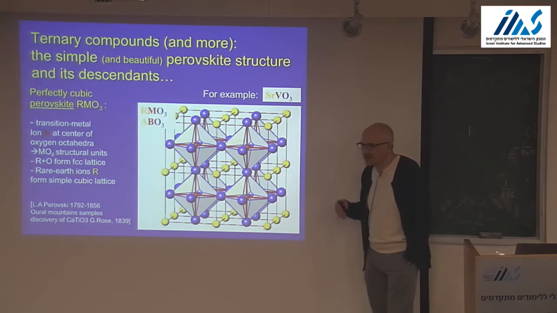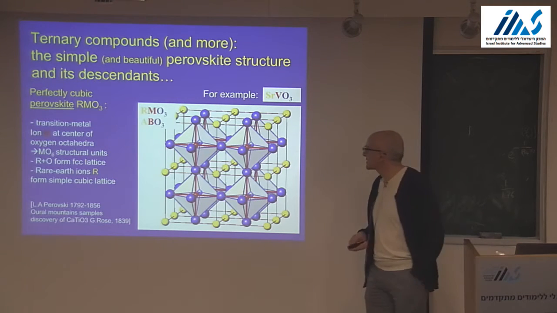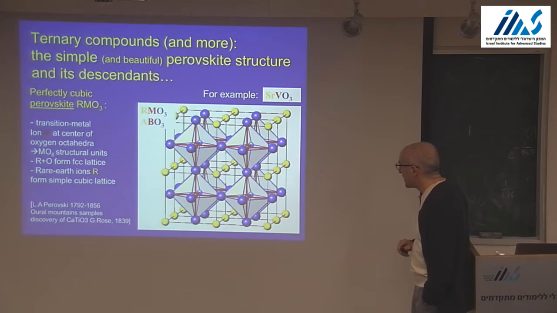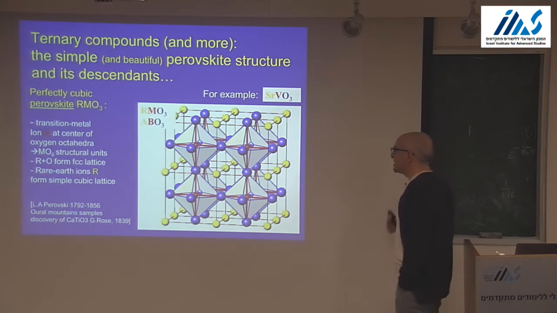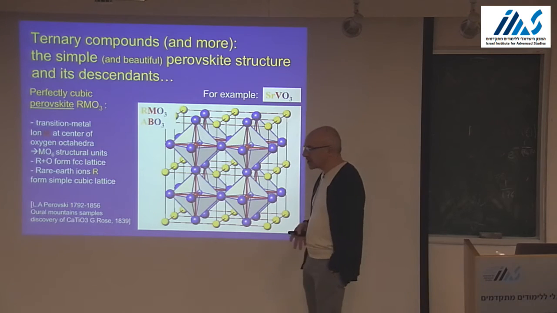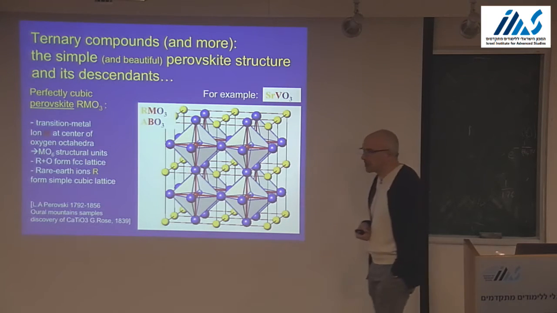And this is how the crystal structure works. It's very, very nice. You have here a cubic lattice of these yellow atoms, and you have another cubic lattice of these red atoms, which are typically the transition metals I'm talking about.